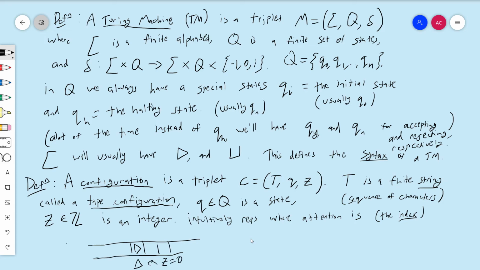So the cell three cells over here is z equals 3. And over here, this is z equals -2, right? So these three things together, the tape configuration, the state, and the indication of where my focus is, give you everything that you need to know about what the Turing machine is doing at any one particular moment in time.